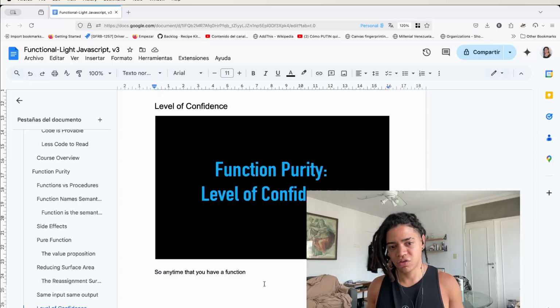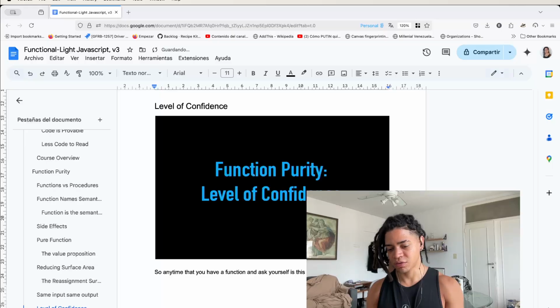So anytime you have a function and ask yourself, is this function pure or not?